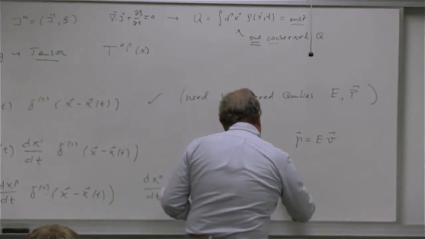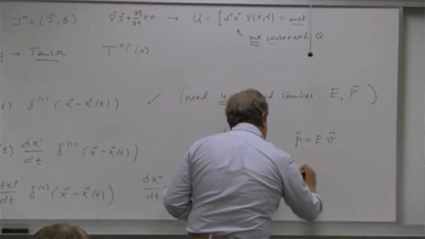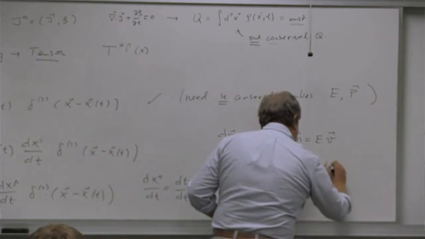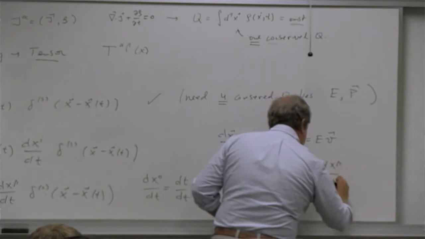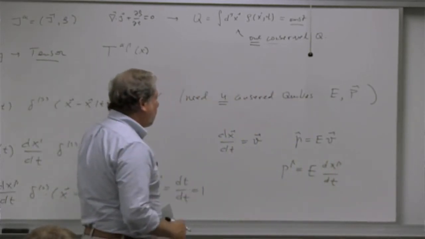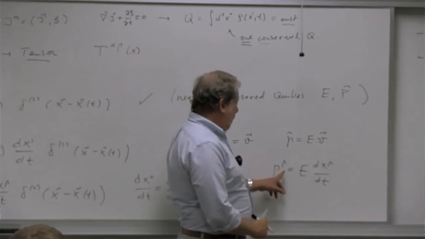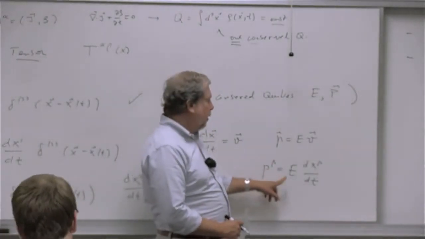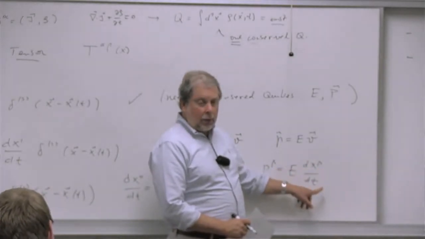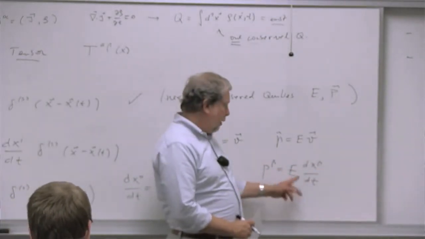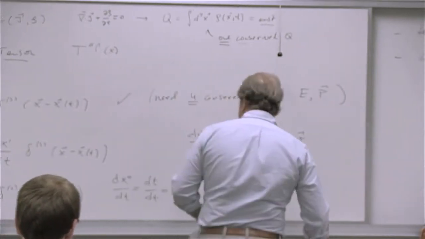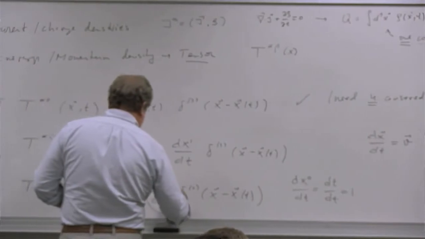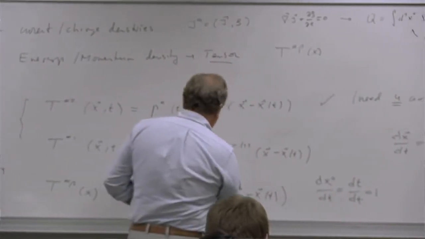So that means that we can write P beta as E times dx beta by dt, right? When beta is equal to naught, then we get P naught, which is the energy, dx naught with respect to time is 1, so E is equal to E, so that works, right? So we're going to take that and use it for here.